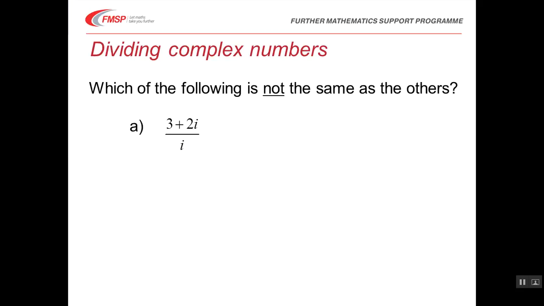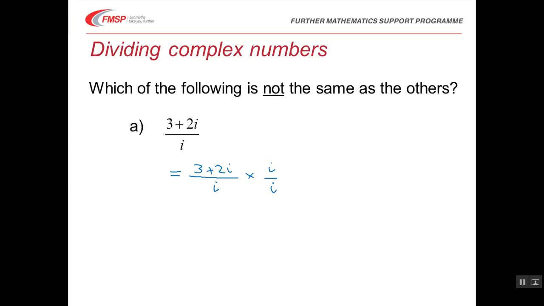So just looking at this first division, if we want to simplify this, don't forget that i is the square root of minus 1 and is a surd. Therefore we can rationalise in the same way that you would have done with surds.